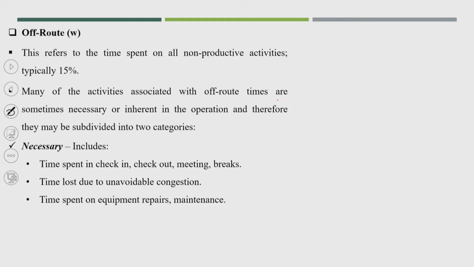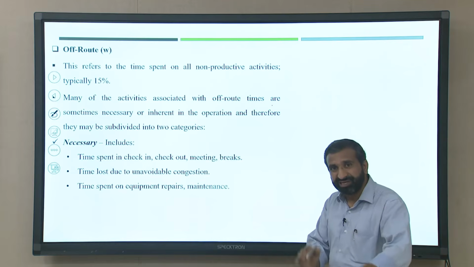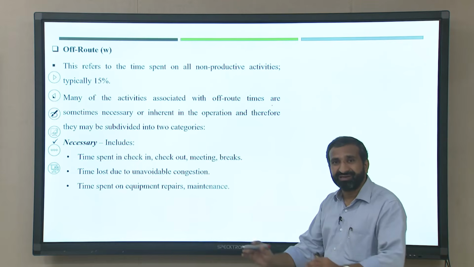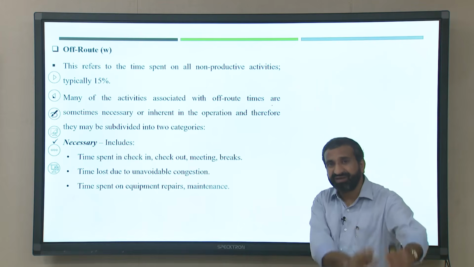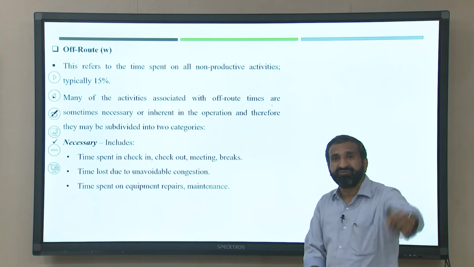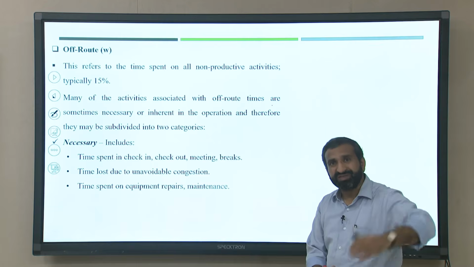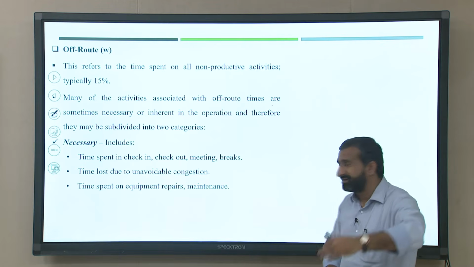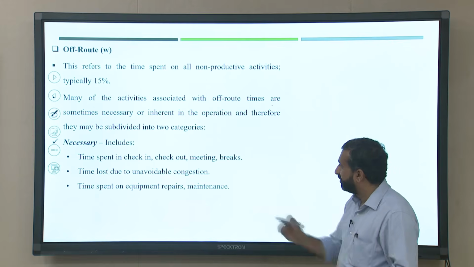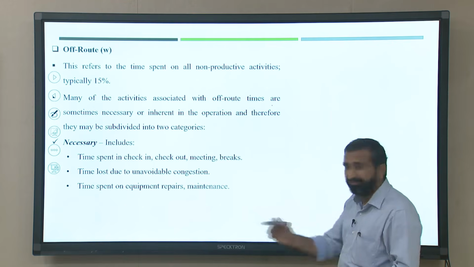So, whenever the vehicle reaches the disposal site or recycling facility, it has to check in, or somebody is writing, or the vehicle has to wait, as there may be a number of vehicles together. So, it has to wait until its slot comes up for emptying the vehicle.